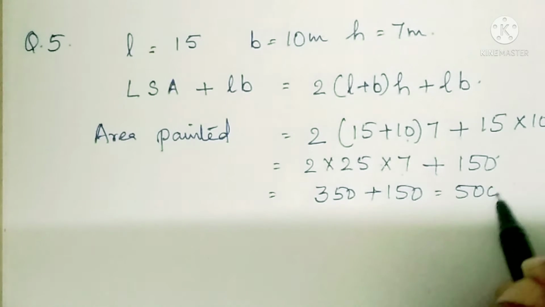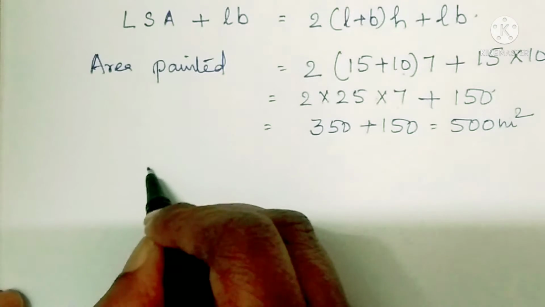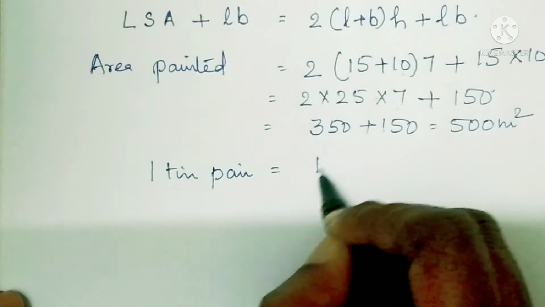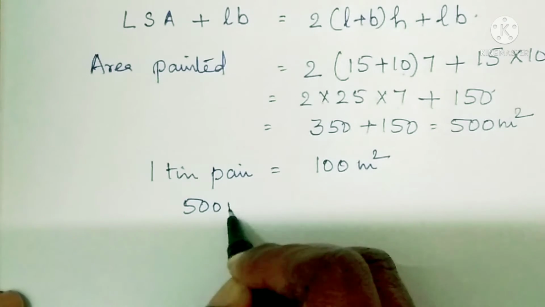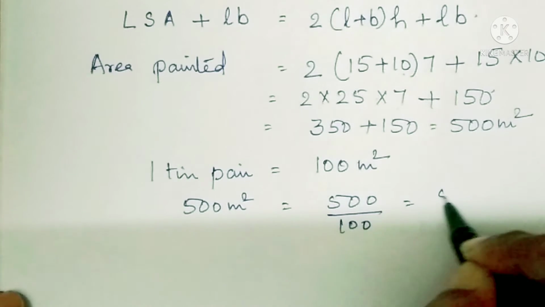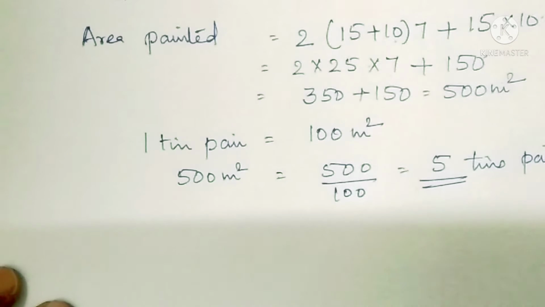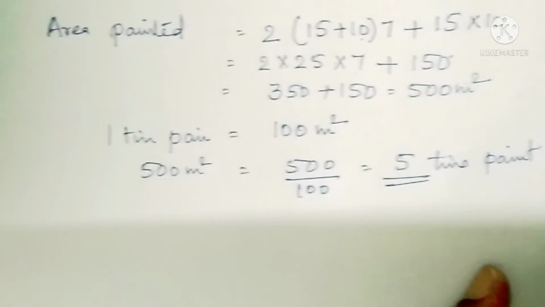That is 500 meters square. Now what information is given? One tin of paint can cover how much area? 100 meters square. So 500 meter square is equal to 500 upon 100, that is 5 tins of paint required. So how many tins of paint, or how many cans of paint, are needed? 5 cans of paint needed.